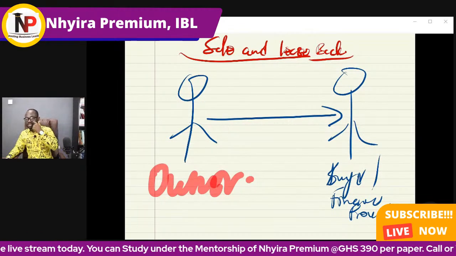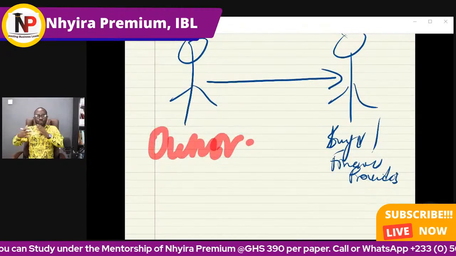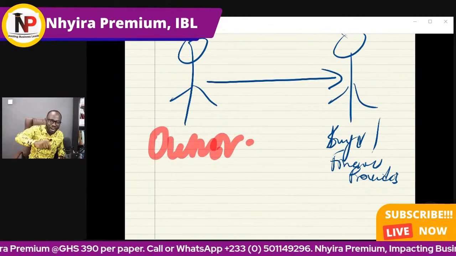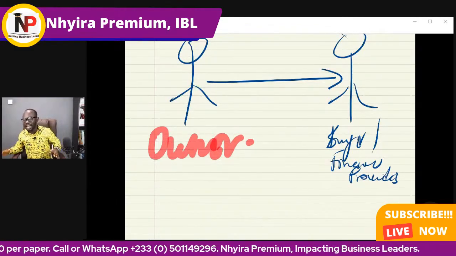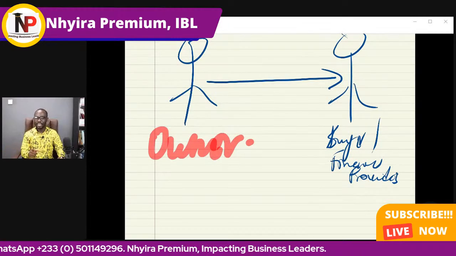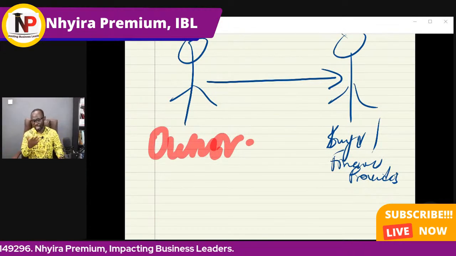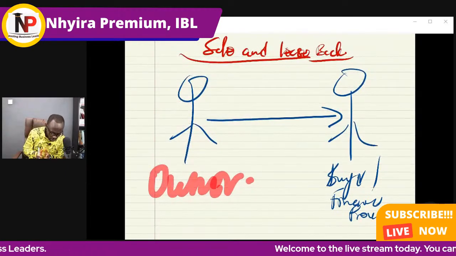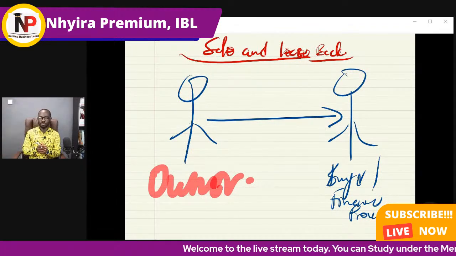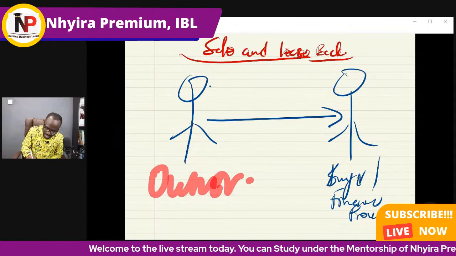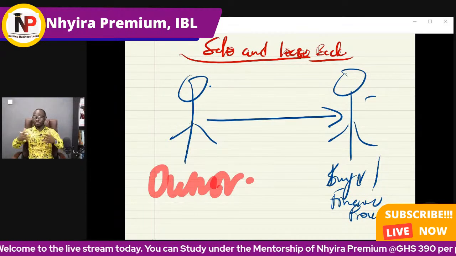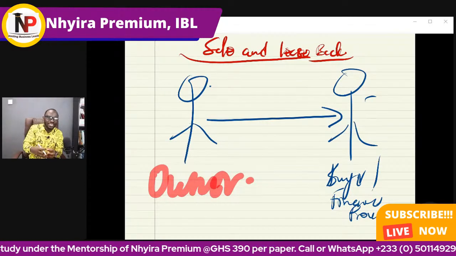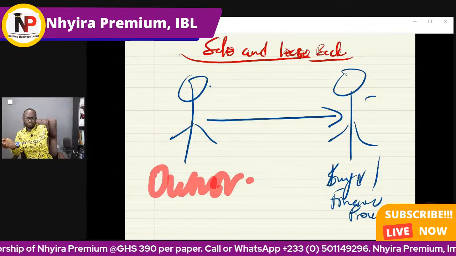However, if the performance obligation is not satisfied, as per IFRS 15, then the transaction is not a sale, but instead a financial arrangement. Let me take that again. In other words, if there is no transfer of ownership from the seller to the buyer, it is not a sale, but a financial arrangement, and the asset is used as a collateral facility.